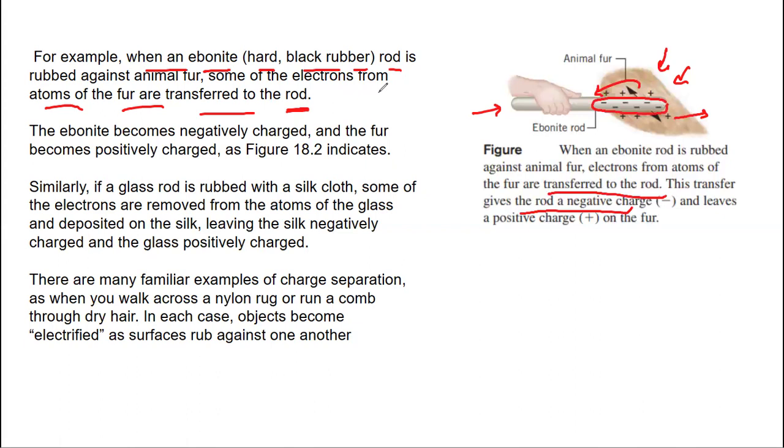Similarly, there's another example: if you have a glass rod and you rub it on a silk cloth, some of the electrons are removed from the atoms of the glass. So this is your glass rod, this is your silk cloth, and you're rubbing it. Electrons will be leaving the glass rod, so the glass rod will be positively charged, and the silk will accumulate negative charge. There are so many other examples you must have done in your previous grades as well.